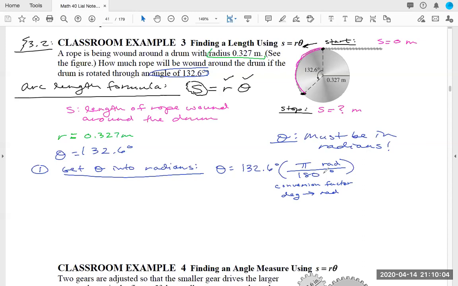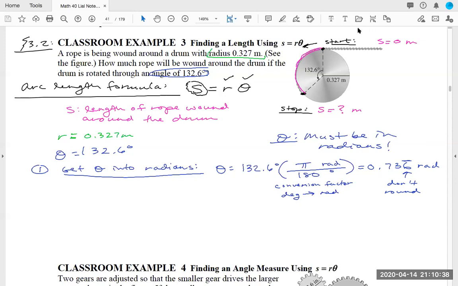So 132.6 divided by 180 is 0.736 with a bar over it, pi radians. Here, don't round. You can just carry this over from your calculator into the next few steps.